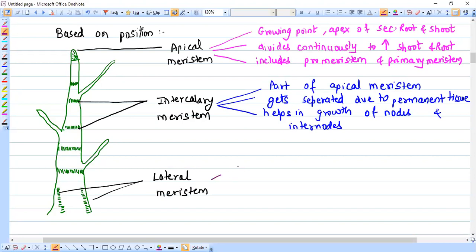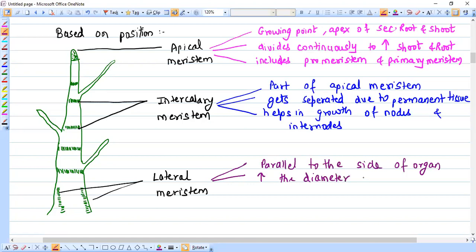It is parallel to the sides of the organ. What is the other role of this lateral meristem? It increases the diameter of the plant, very important.